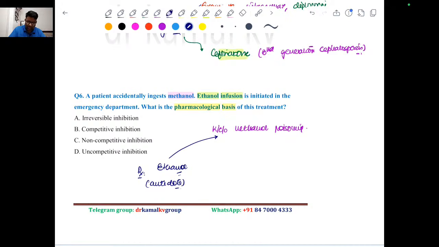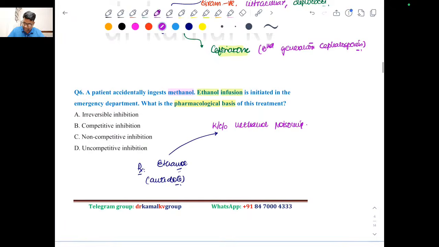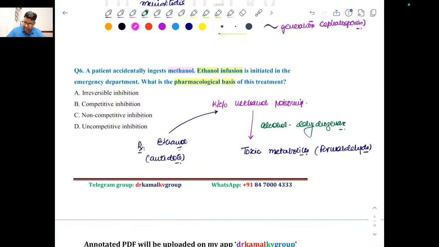So the treatment, or you can say antidote here, is ethanol. Now normally what happens, methanol is acted upon by alcohol dehydrogenase, clear, and then it will form toxic metabolites in the form of formaldehyde, and then this formaldehyde will be acted upon by aldehyde dehydrogenase to form further toxic formic acid, and this is very toxic here.